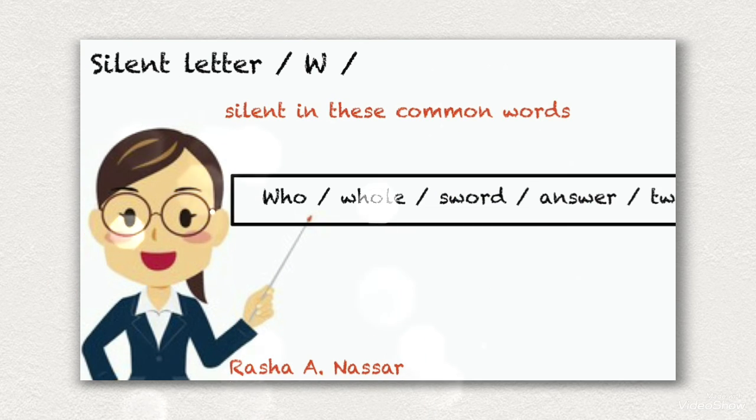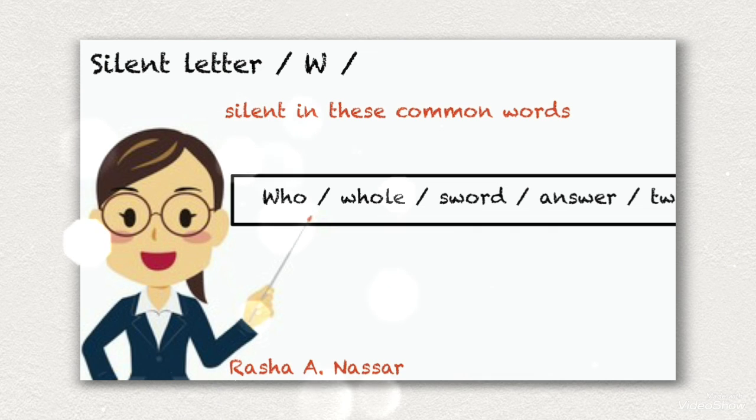And we have some common words. Again, we will read them without reading letter W. It will be a silent letter in all these words. They are very common. Let's read them together. Who, hole, sword, answer, two.